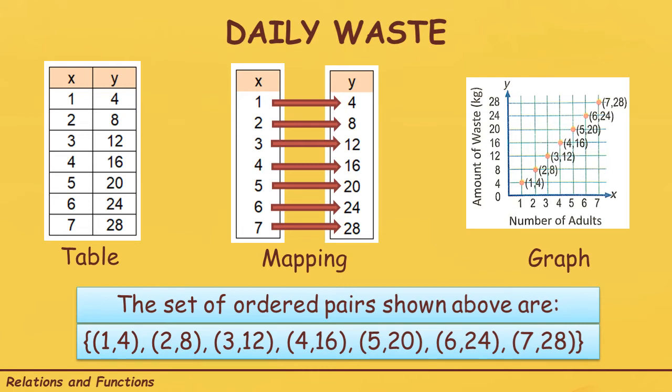At wag natin kakalimutan yung ating curly bracket kasi we are talking about set. So that is a set. Meron dapat tayong curly bracket sa unahan at sa dulo. And don't forget to enclose it in parentheses kasi ordered pairs ang ating pinag-uusapan.